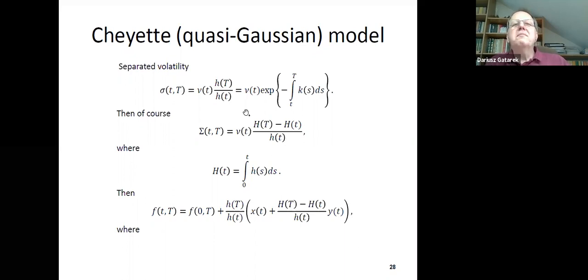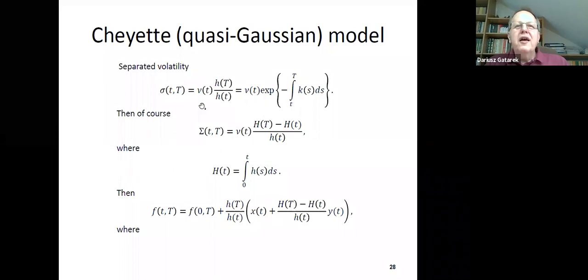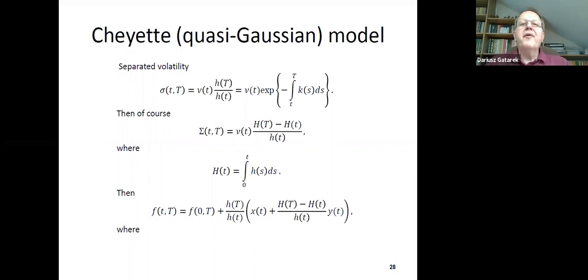I probably didn't mention that V of t may be a stochastic process. It doesn't have to be a deterministic function, but h, of course, is a deterministic function because this doesn't evolve with time. So that must be a function.